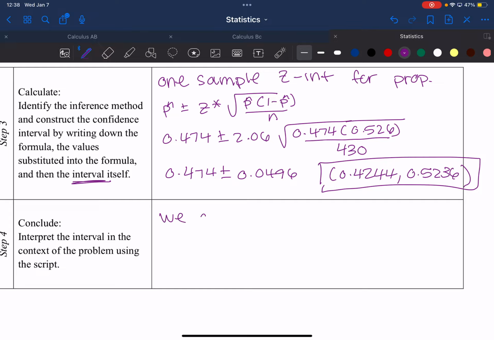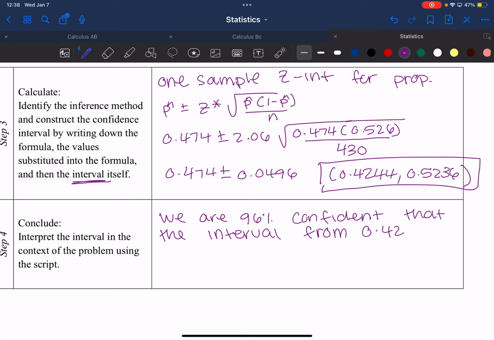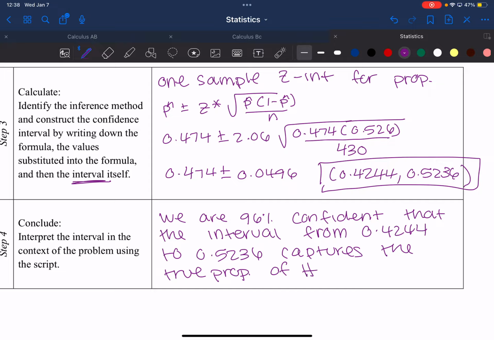So we say, we are 96% confident that the interval from 0.4244 to 0.5236 captures the true proportion of high school students who believe there is life on Mars.